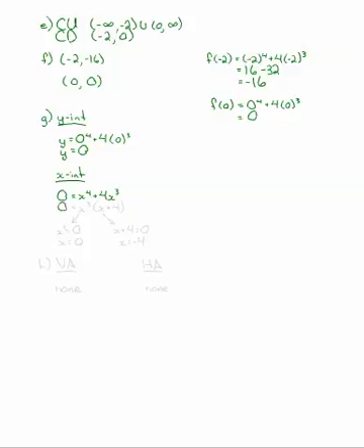Here what we can do is we can take out an x cubed, then split. We have two x-intercepts, one at 0, one at -4.